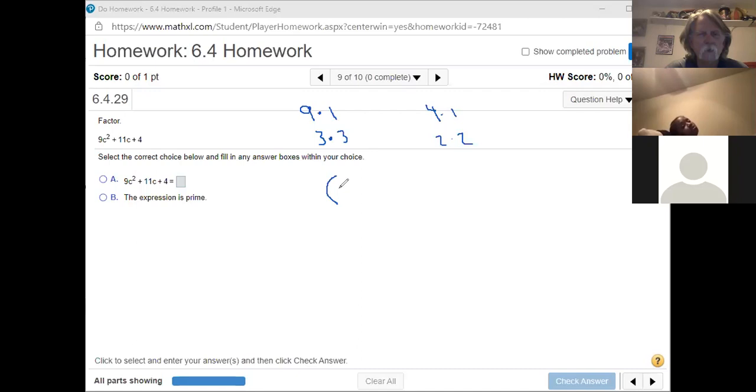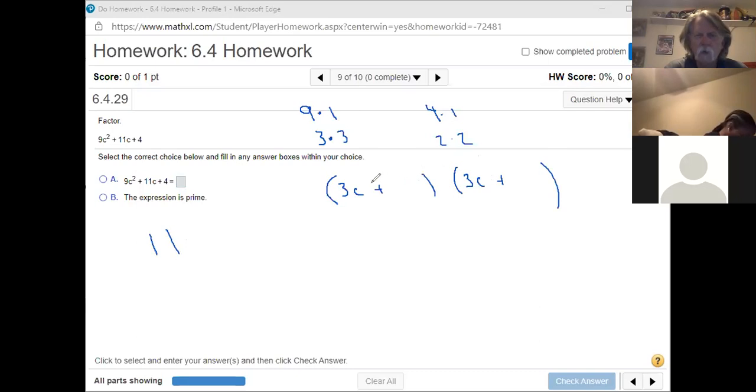Let's try 3 and 3. They're all plus signs, and we have to come up with 11.